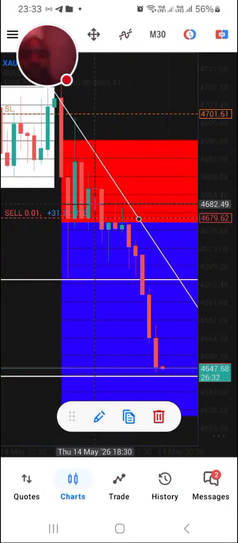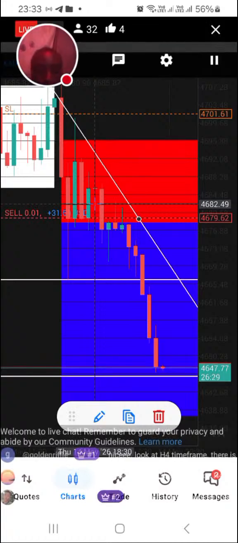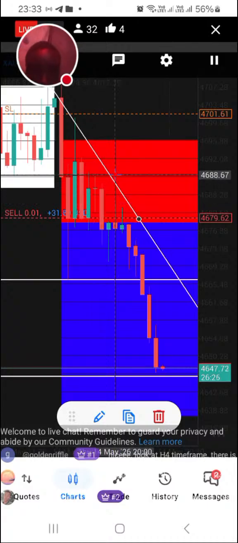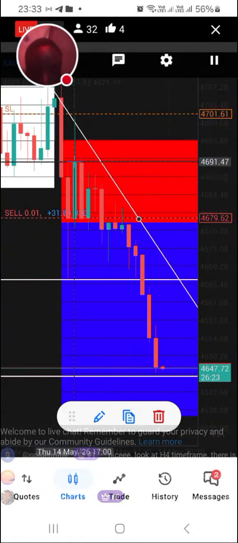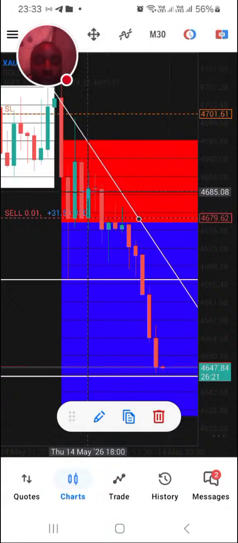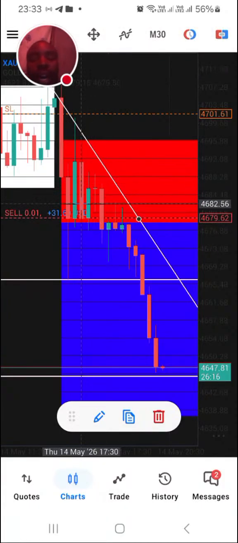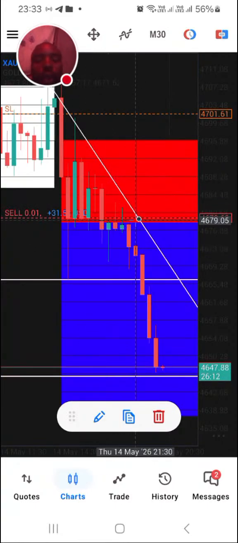So we showed the confirmation, guys. After that, it's just looking at the confirmation. So this was the confirmation here. It is called an evening star, whereby sellers are in a doji kind of candle, then a very good engulfing candle showing sellers are in.